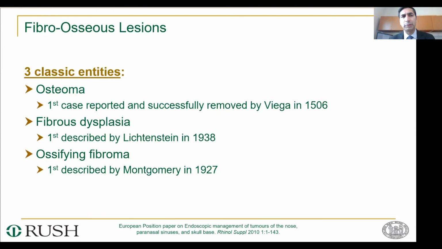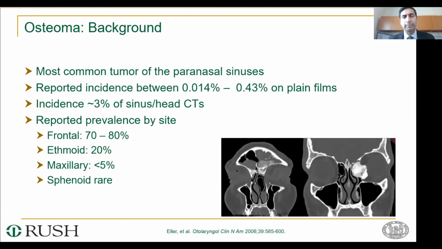Moving on to fibroosseous lesions, and there's really 3 classic entities that we focus on. Osteoma, which was described back in the 1500s by Viega. Fibrous dysplasia, first described by Lichtenstein in 1938, and ossifying fibroma, described by Montgomery in 1927. When we look at osteomas, these are really the most common fibroosseous lesion, really a tumor of the paranasal sinuses.